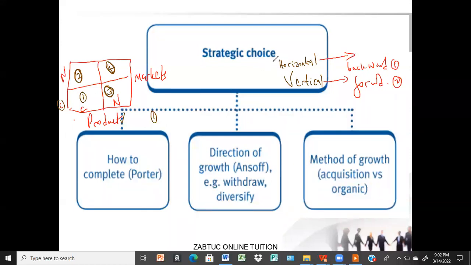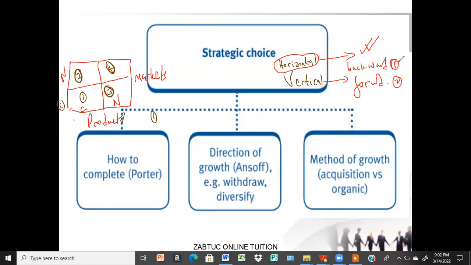What happens in this type of growth? It is where we engage in activities that are competitive or directly complementary to what the company is currently doing. Yes, that's very true. And the vertical, we can either go backwards.